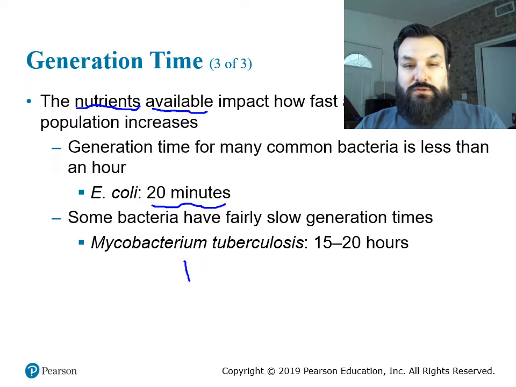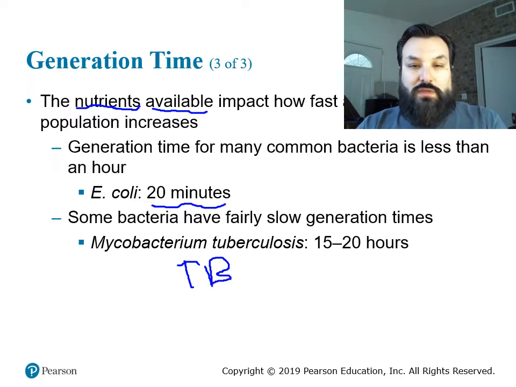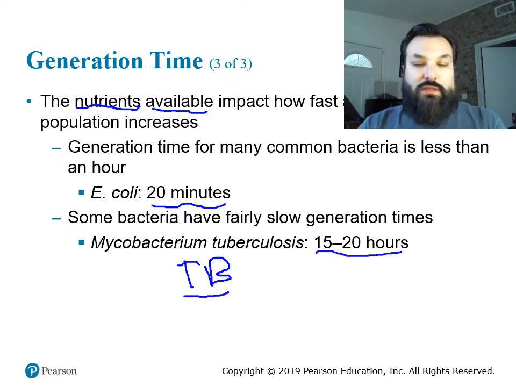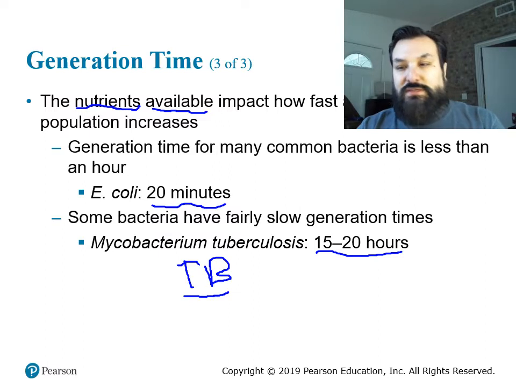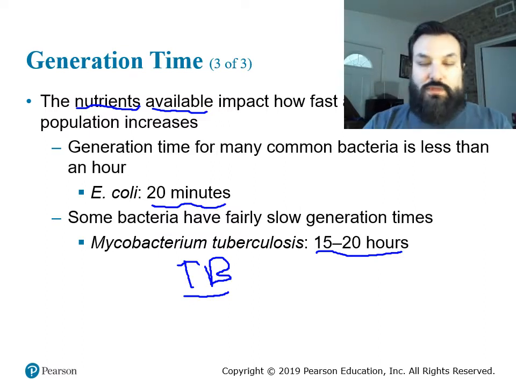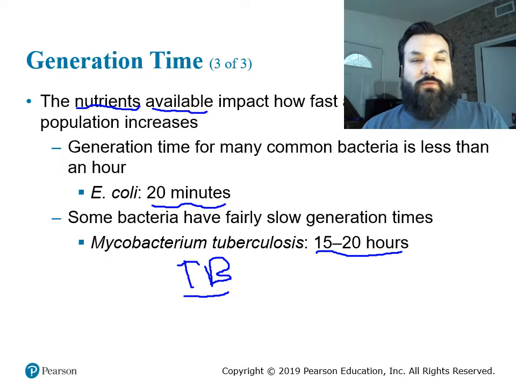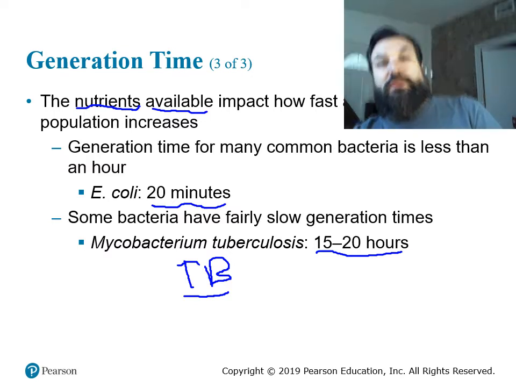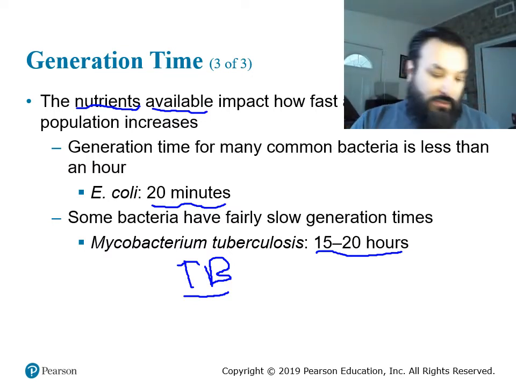If you look at this one, Mycobacterium tuberculosis, and that is TB, right? Tuberculosis. 15 to 20 hours, really long time. And if you know about this disease, you know it is a very slow grower. Somebody that has TB, it will take a long time to generate symptoms of tuberculosis, and for the patient to gradually become more and more ill. So it's a very long-lasting disease there.